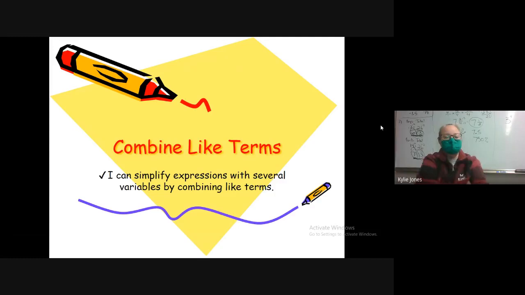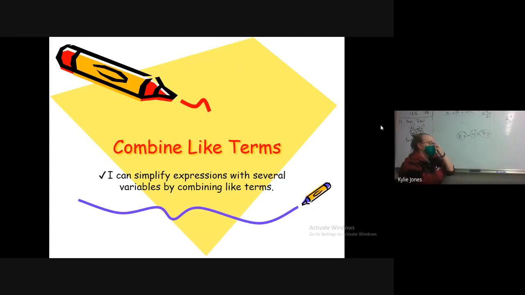So we're going to talk about combining like terms. Last week we talked about what a term is. It's the things that are separated by addition and subtraction signs. So if you have something like 8x plus 4 plus 3y, you have 3 terms here. 8x is a term, 4 is a term, and 3y is a term.